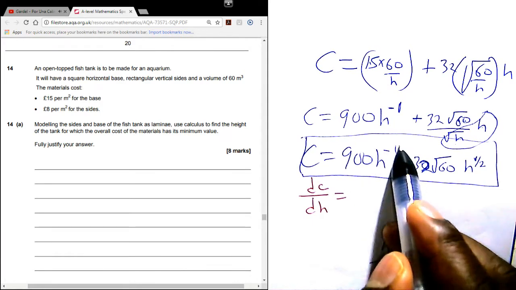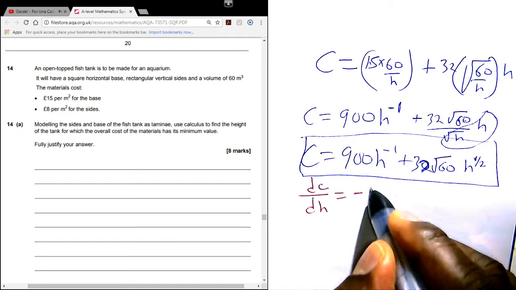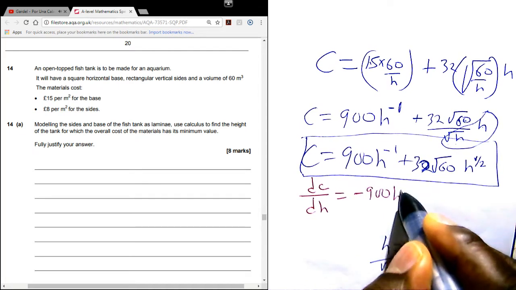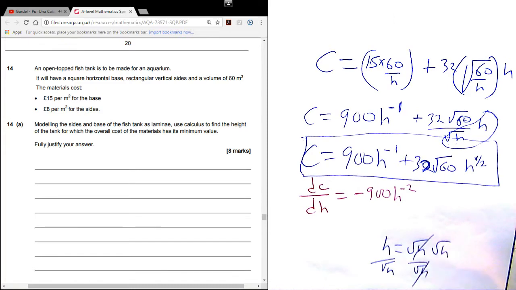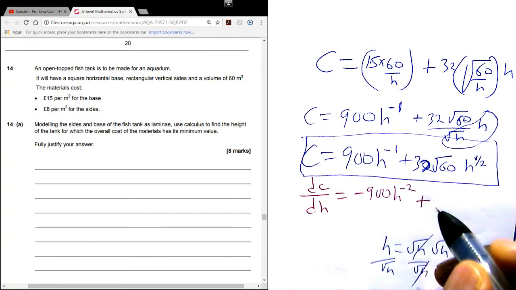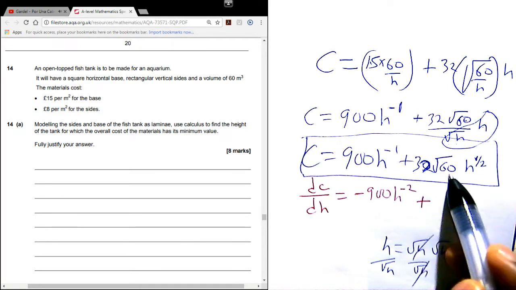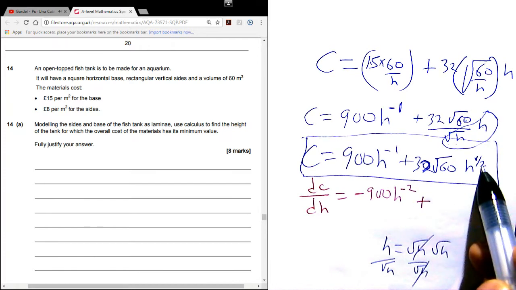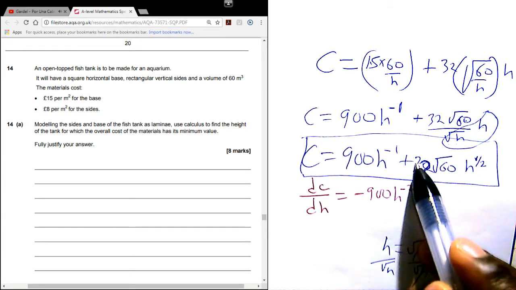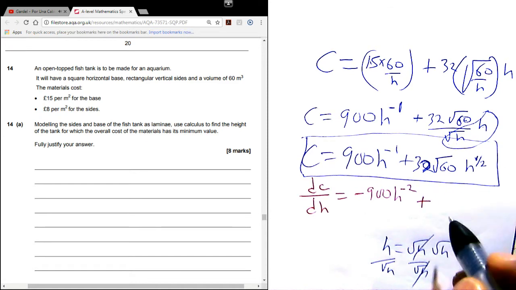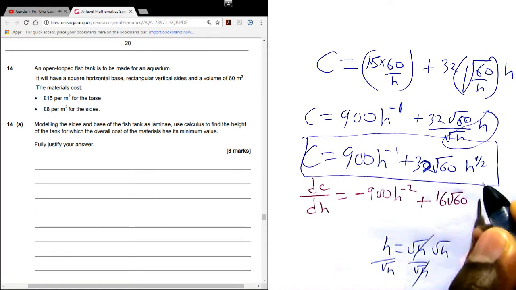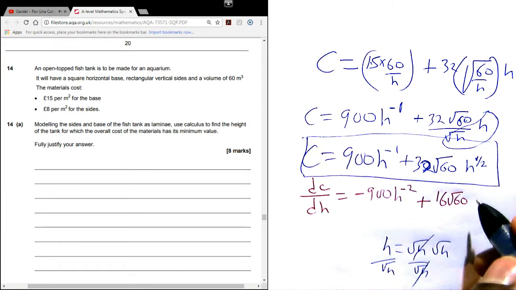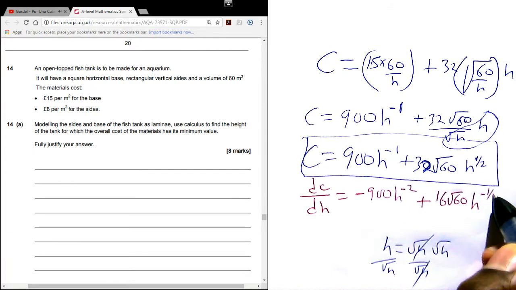When you multiply 900 by this power, it becomes minus 900, and when you take 1 away from the minus 1 power, it becomes minus 2. Plus, you multiply this coefficient by the power, which is half. So 32 root 60 times half is 16 root 60, and when you take 1 away from that power, it becomes h to the negative half.